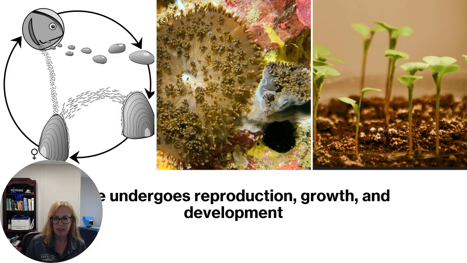The development piece is when those cells become organized and form various different body parts, so organs and body structures such as a hand or your hair or your teeth. That is development. So you're growing and developing the organism itself. At the cellular level, cells become larger, the organism can become larger, and it can develop and become complex.